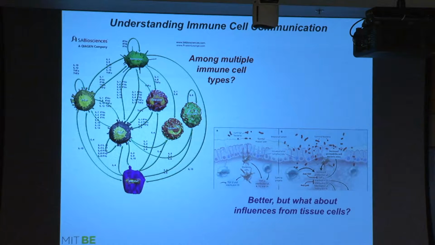network among different immune cell types, and you can find lots of data in the literature and illustrative depictions like that. But the question that has nagged me, coming more from originally a cancer biology field, is what about the rest of the tissue cells that the immune cells are residing in? So in particular, if you're interested in a tumor microenvironment, or in this case, intestinal inflammation, other types of diseases, the immune cells are talking to each other, but they're also being interacted with by stromal cells, epithelial cells, and so forth.